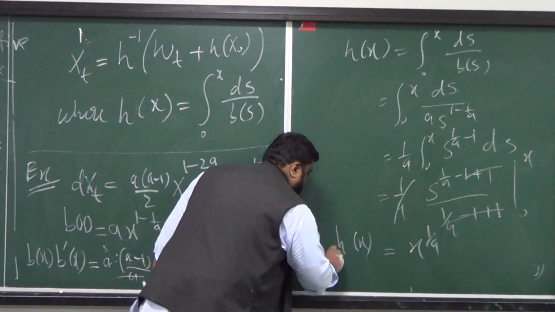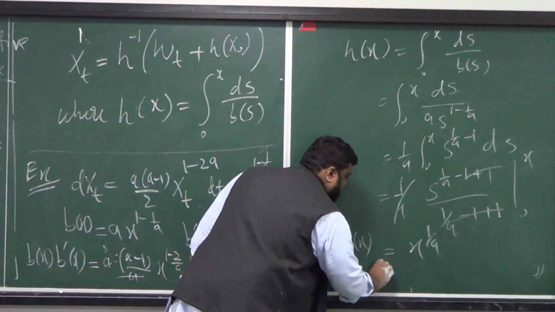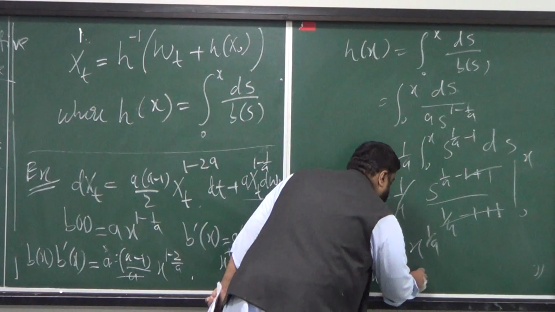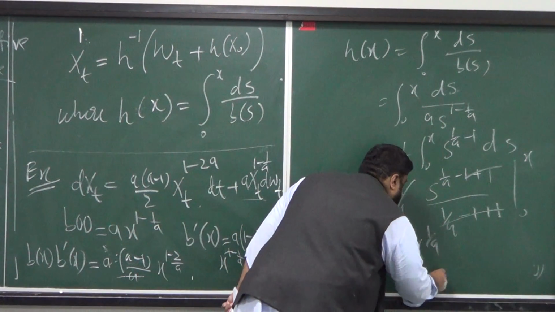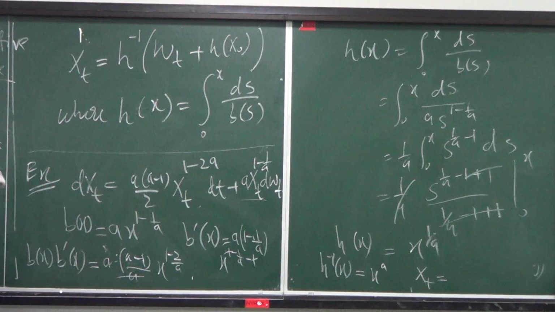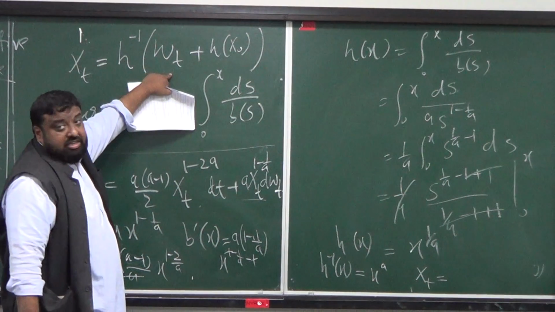So what would be h inverse of x? It's going to be always x raised to a. So hence the solution to the SDE, the formula, is that you evaluate your h inverse function at this point.